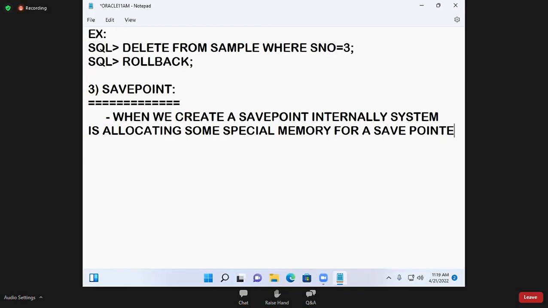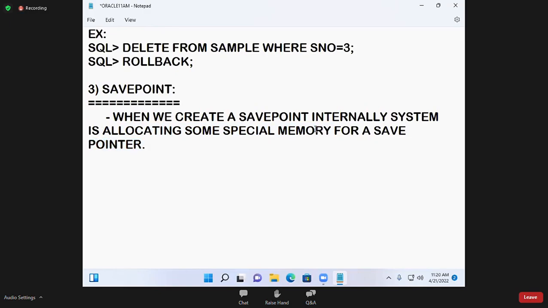Now this is the purpose of your savepoint. When we create a savepoint, the system allocates some special memory for it. And why, sir?